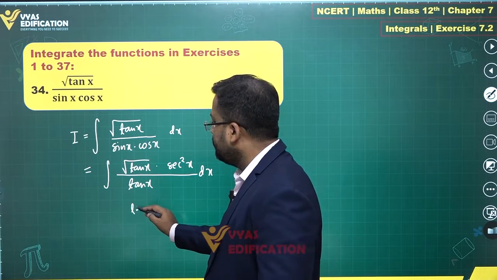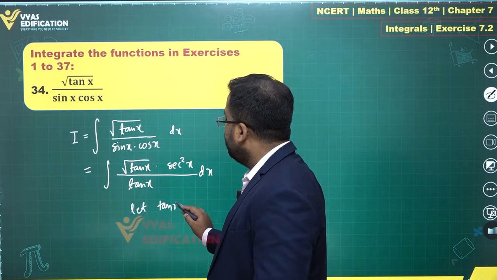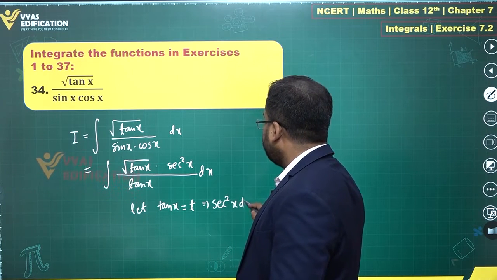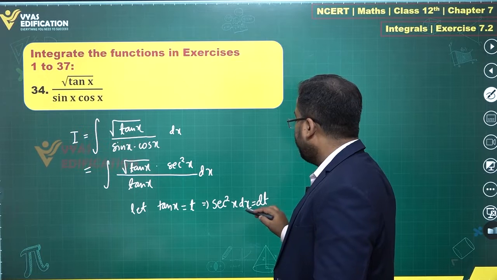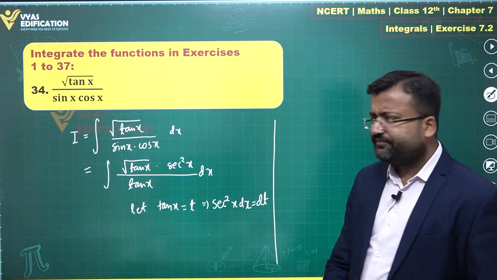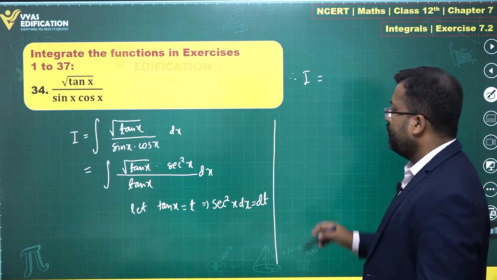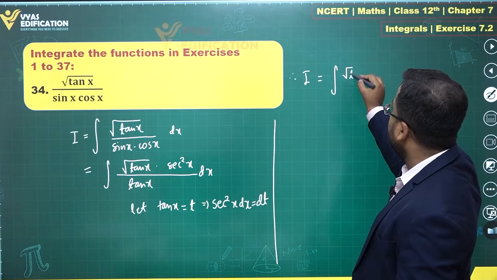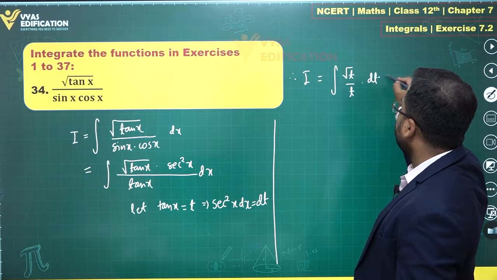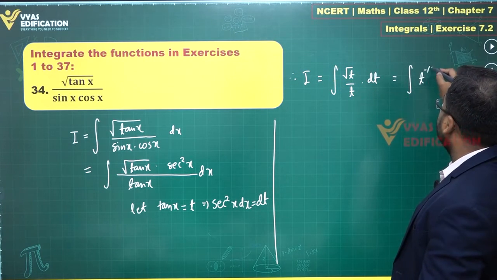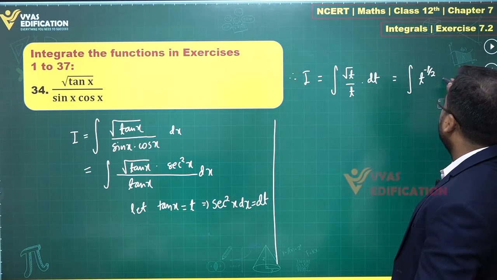Now we can use the substitution. Tan x is equal to t. That tells me, okay, sec square x dx will be equal to dt. This is what you get, right? Therefore, I becomes equal to what? I is equal to integral of root t upon t dt, or you can write it as integral of t power minus 1 by 2 dt.